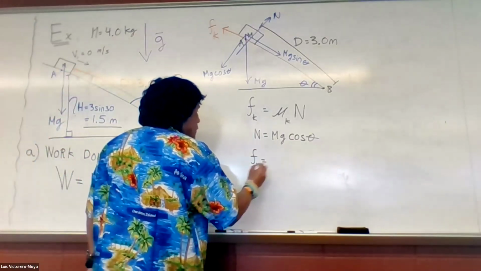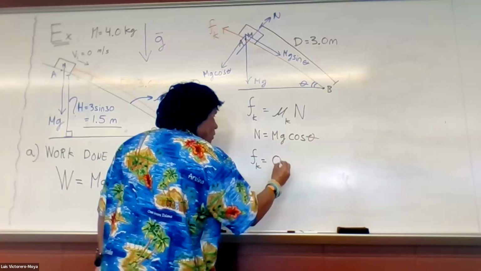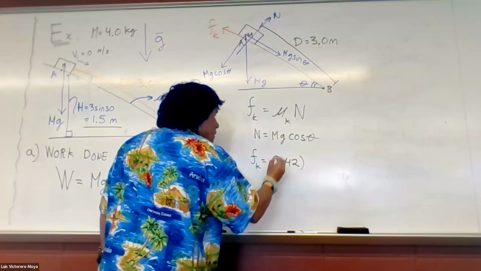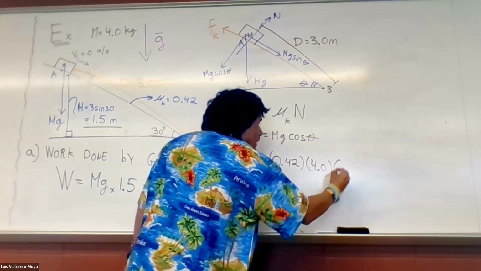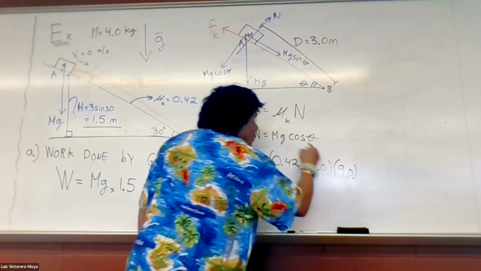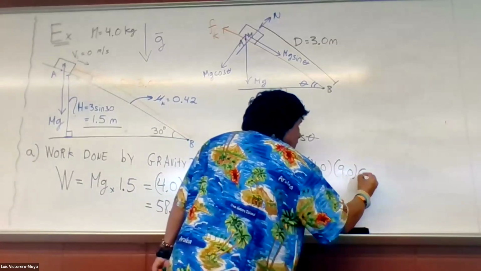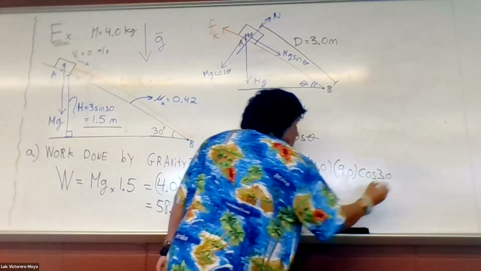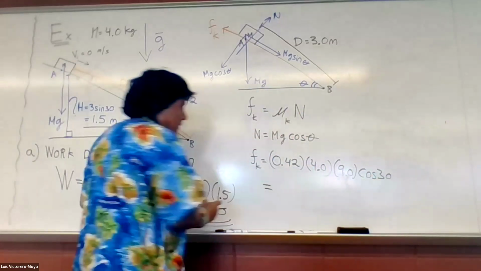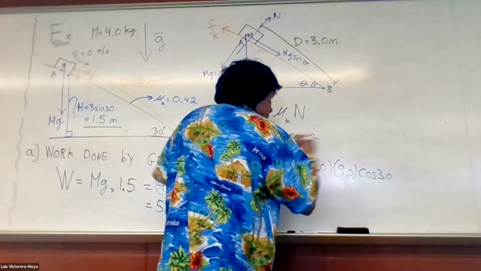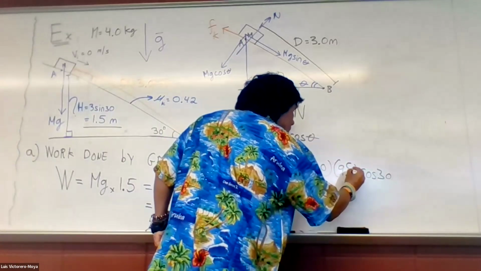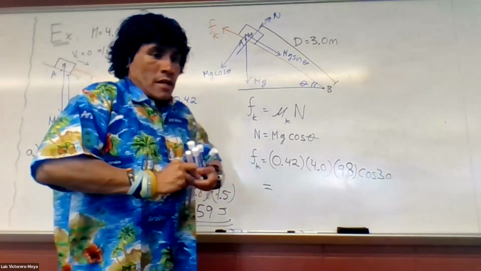So now let's plug in the numbers. Fk is 0.42 times mass 4 kilograms, gravity, cosine of 30.